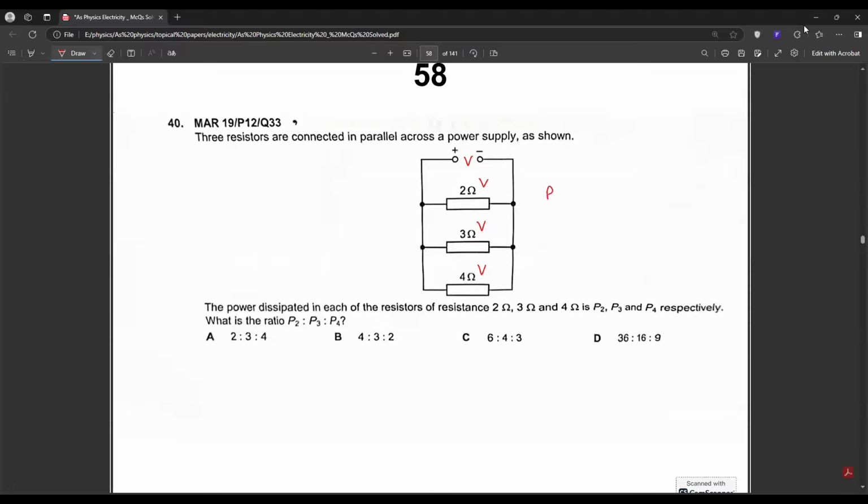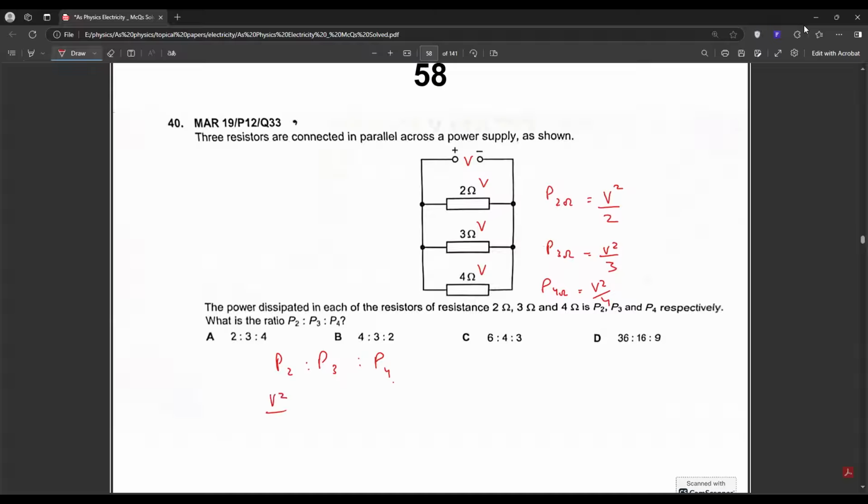Can I calculate the power across the 2 ohm resistor? Yes, V square over 2. Can I calculate the power across the 3 ohm resistor? Yes, V square over 3. Can I calculate the power across the 4 ohm resistor? V square over 4. Perfect. Can I calculate the ratios? P2 ratio P3 ratio P4.